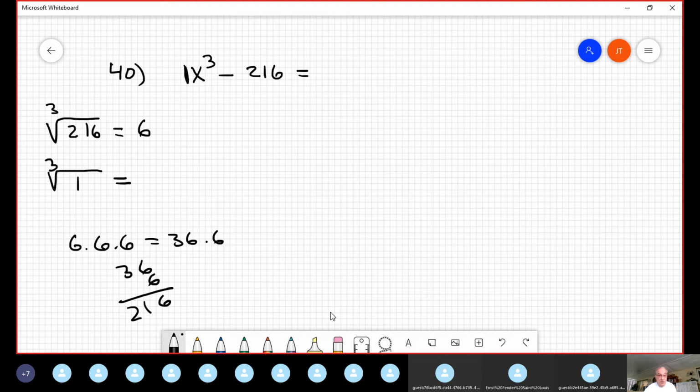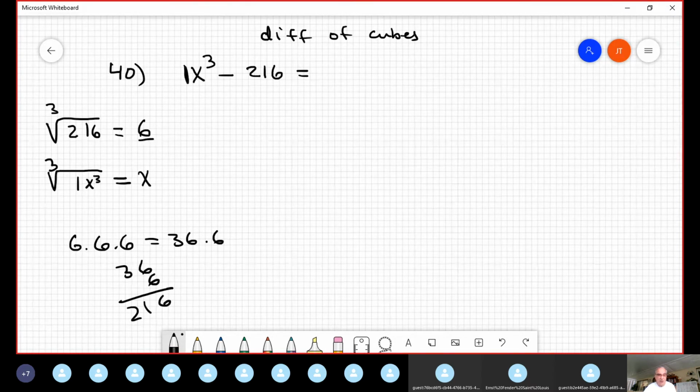When you have a difference of cubes, the number is so big you apply the cube root.